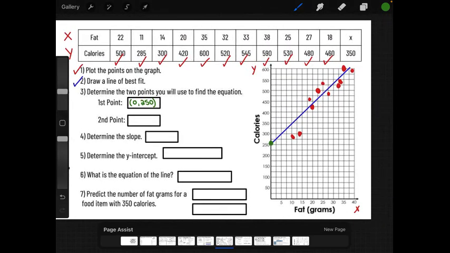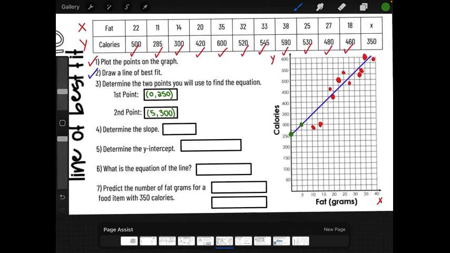Looks like my line also goes through this next point right here, and we'll use a nice even one, so 5 and 300. If your line is different than mine, you might have different points, and that's okay, but these are my points.